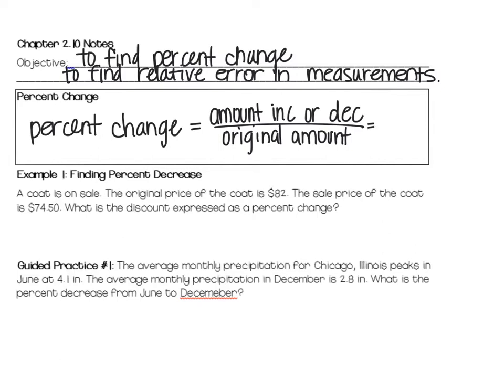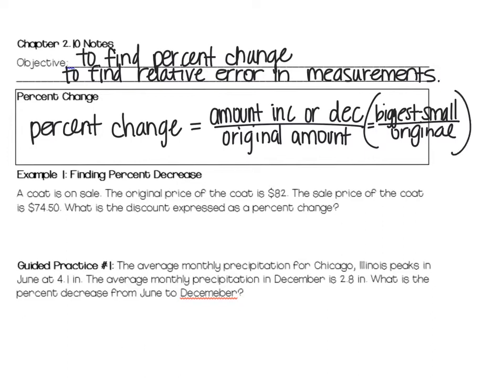I also would say biggest minus smallest divided by original. That's an easy way for me to remember it.